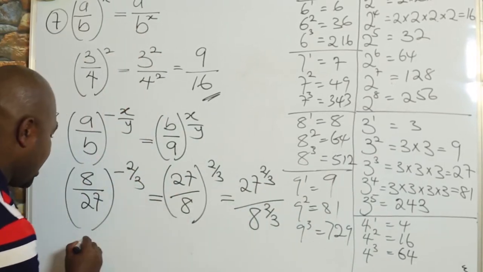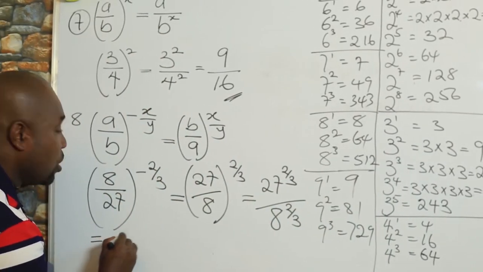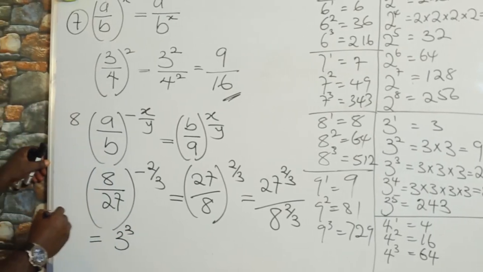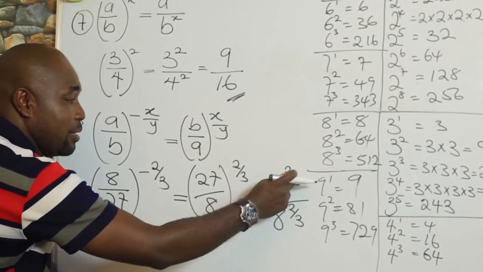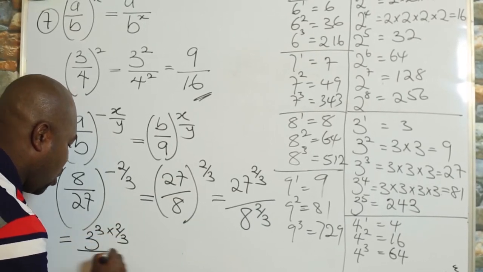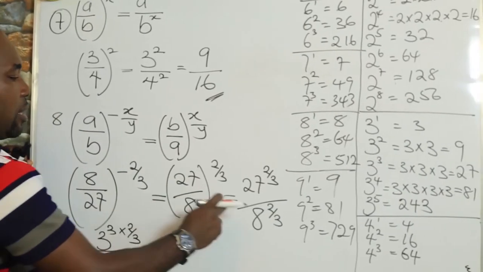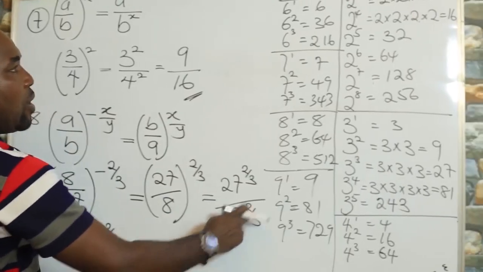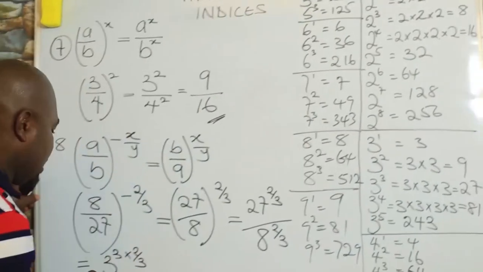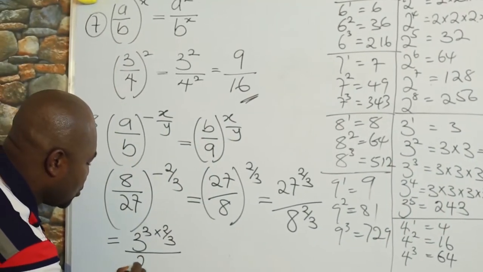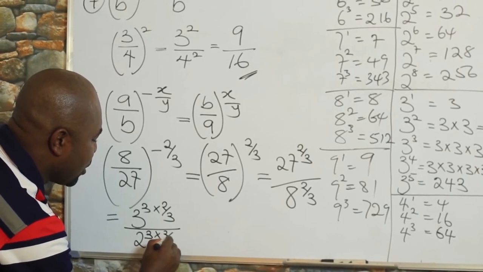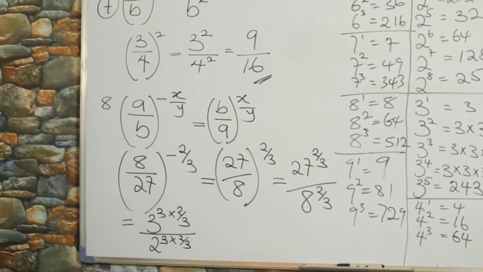So, 27 is the same thing as 3 raised to power 3, multiplied by the index there, 2 over 3, all over 8 here. What is 8? 8 is the same thing as 2 raised to power 3, multiplied by 2 over 3.